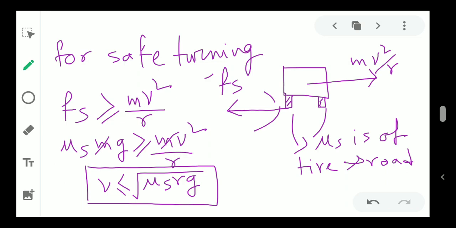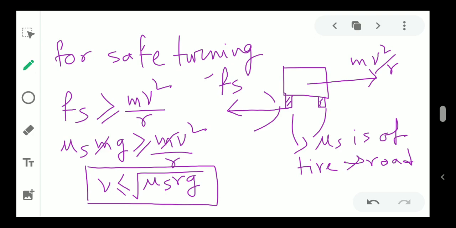Okay, so this is the situation when we have a flat bend. Now you know that in this case, if the r value is higher, the mu s value is not something we can improve much, because the tire is made of whatever material has some mu s which cannot be greatly enhanced.